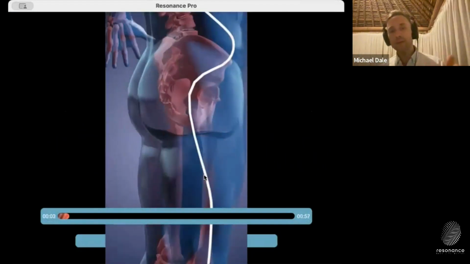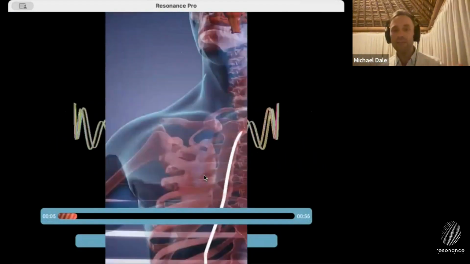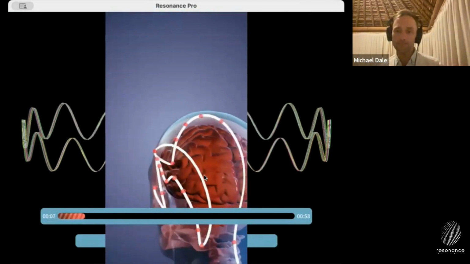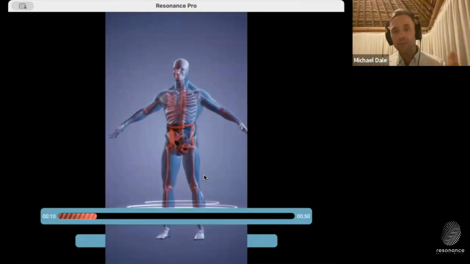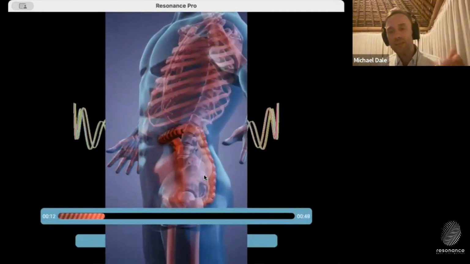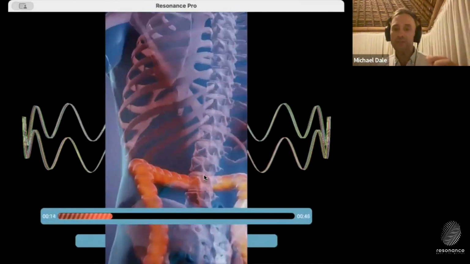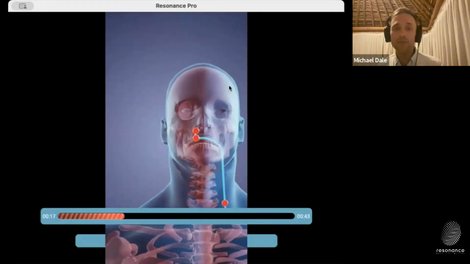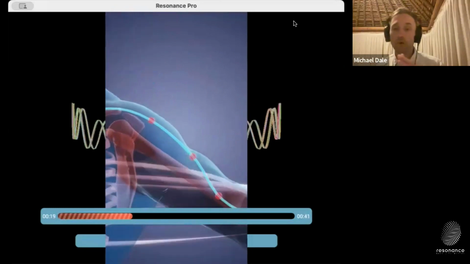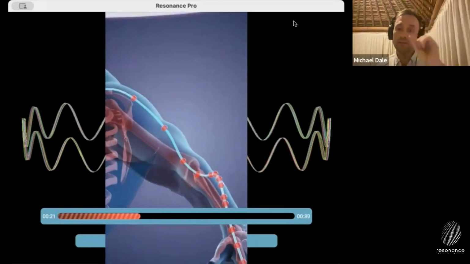As you'll see, I'm now seeing a 3D image of the human body. This is a feature that you can find in the extra features at the top right-hand side of the screen. There are 3 dots.